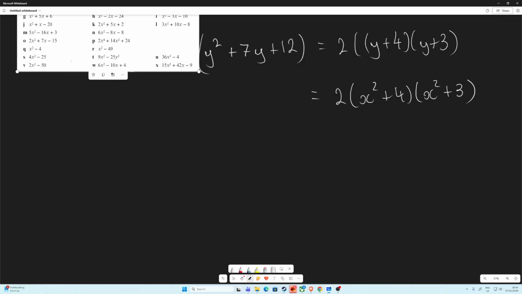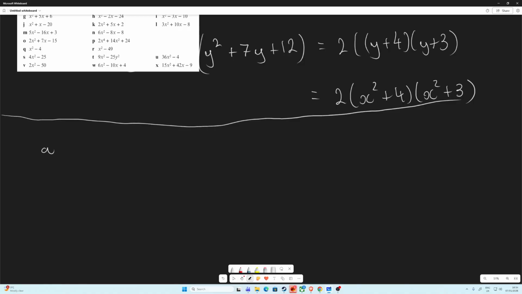2q. Before we start with these next questions, we need to know the difference of two squares. So a squared minus b squared is simply factorized into a plus b, a minus b.